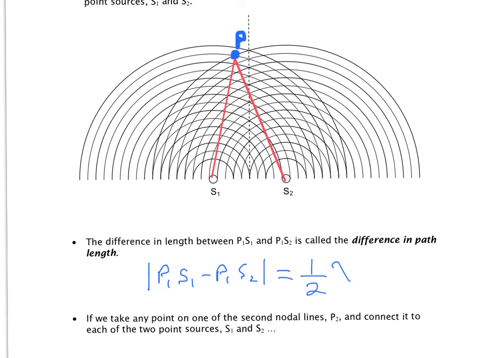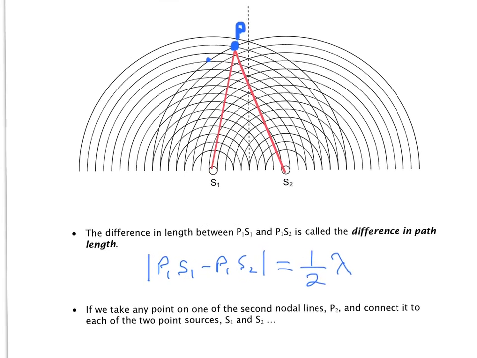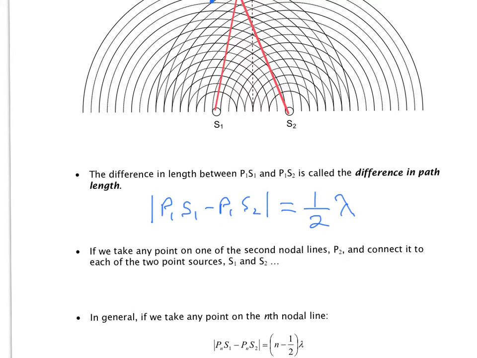So 1/2 lambda. If I were to do the exact same thing from, let's say, source 1 to the second nodal point. So where exactly is the second nodal point? Well, let's just choose this to be our second nodal point, and I'm just going to choose that randomly. I would notice that the difference between the distances from S1 and S2 is not half of a wavelength, but 1.5 wavelengths instead.